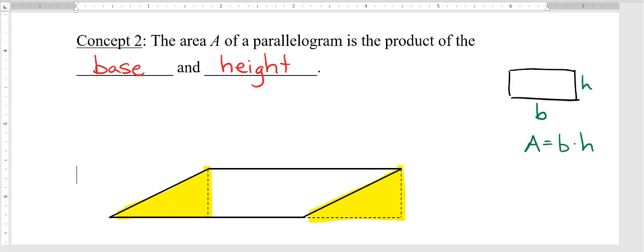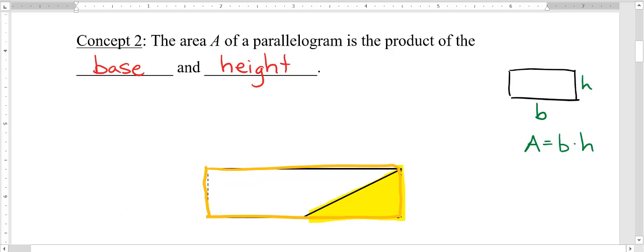Okay? So now this whole piece is gone. Do you see now that I have a rectangle? Here's a rectangle. Huh. What did we say the area of a rectangle is?